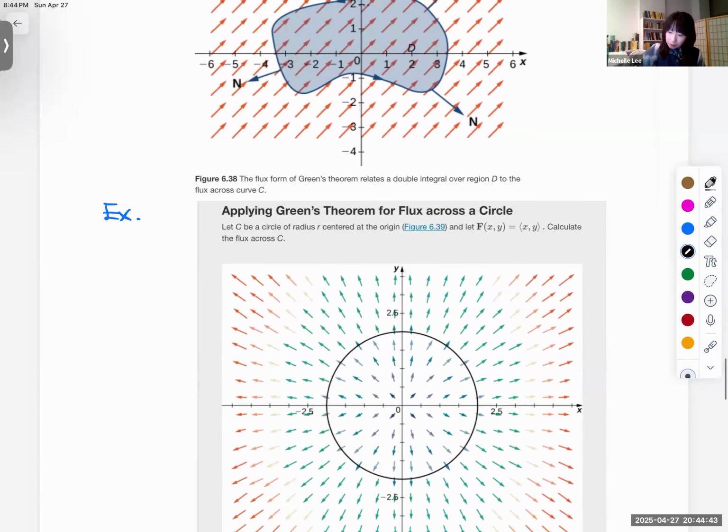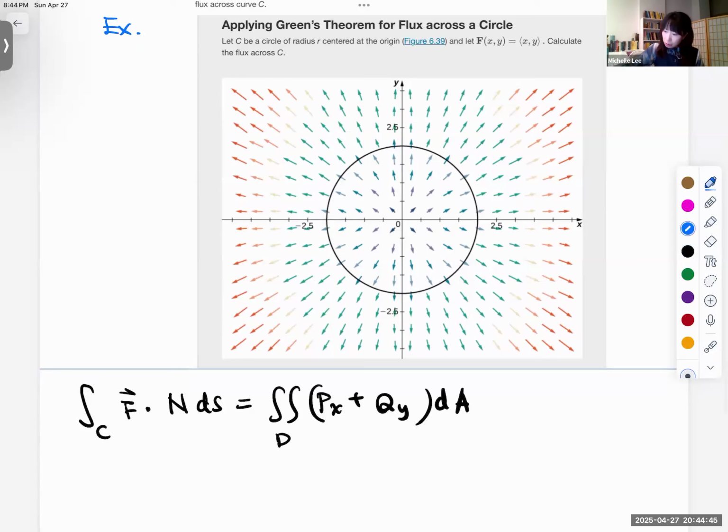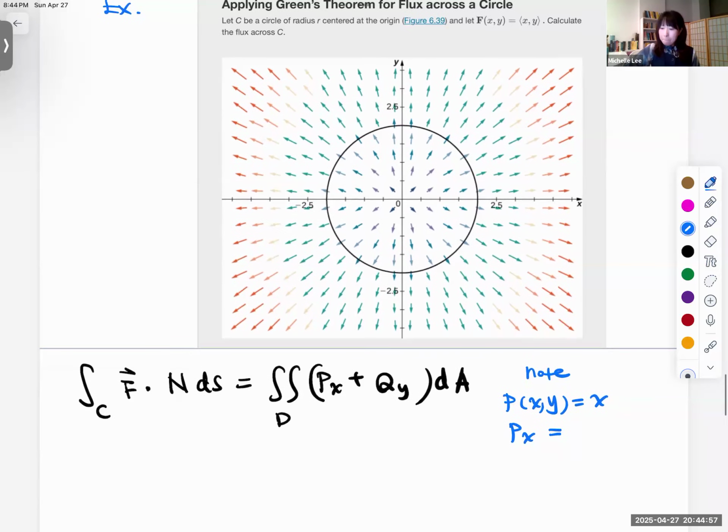Let's do this one. So note, P of x and y equals x. Then we take the derivative with respect to x. Then we get 1, right? Now we have the Q function.